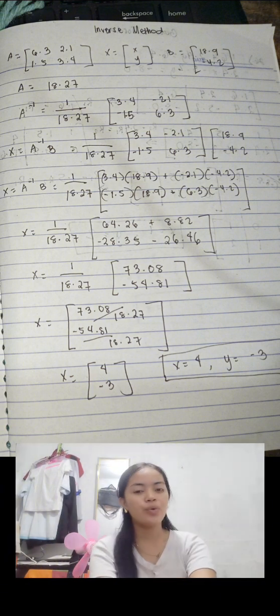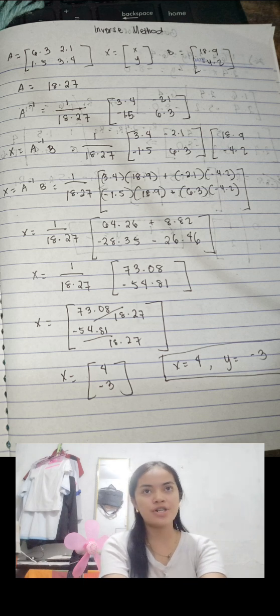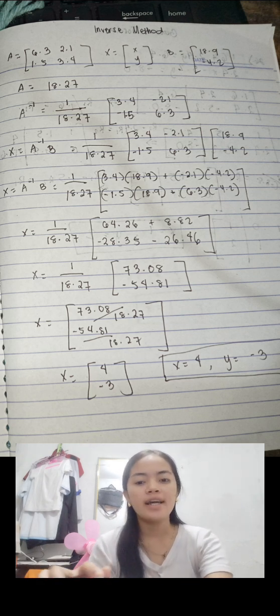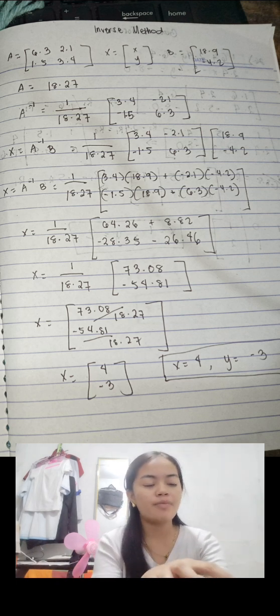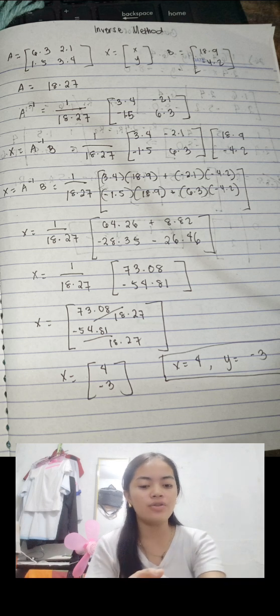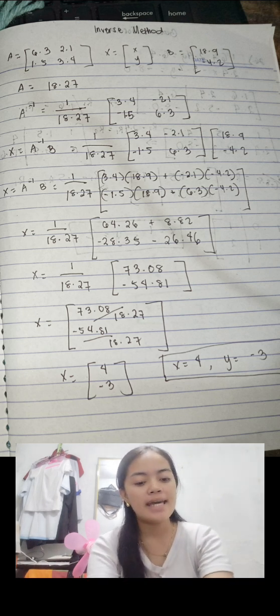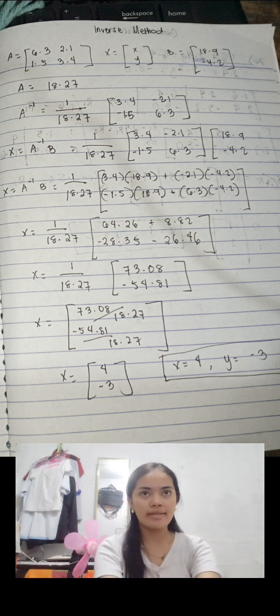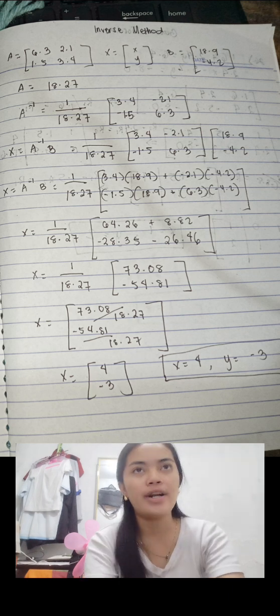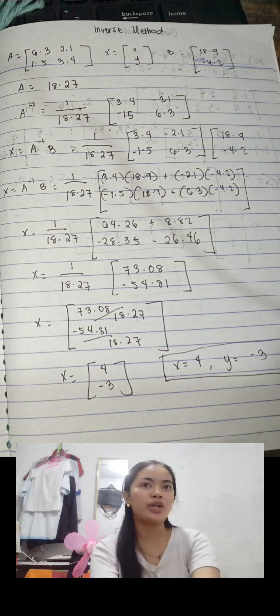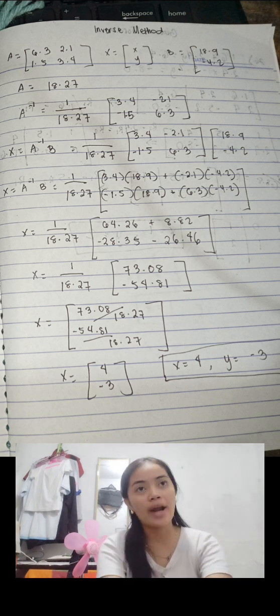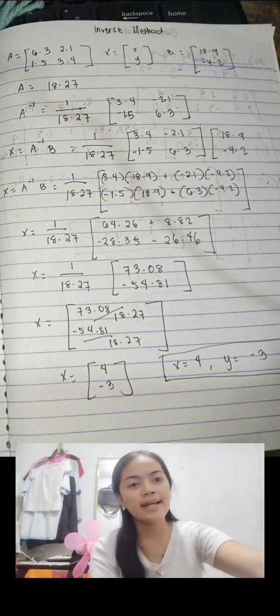Next, we will solve this item using the inverse method. The very first step is to write the system in its matrix form. That's why we have A equal to 6.3, 2.1, 1.5, 3.4. For our X, we have x and y.